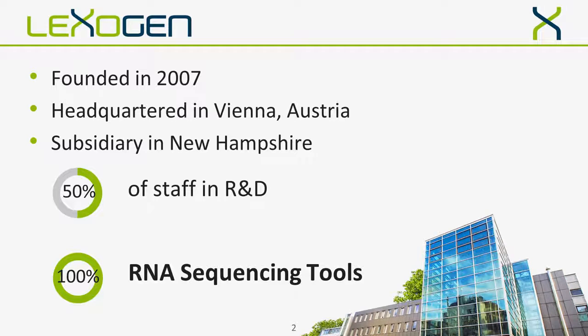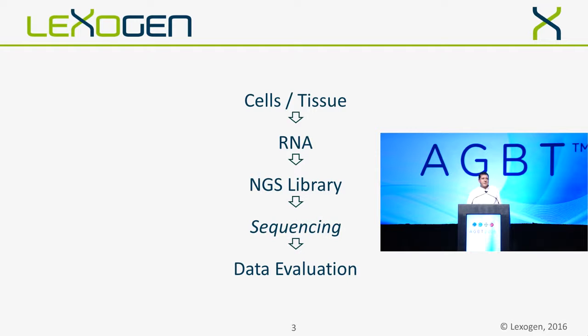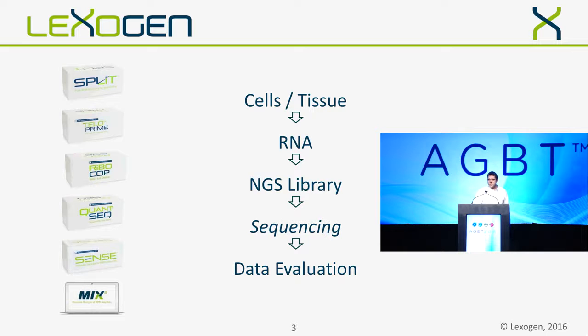This enabled us to build up the entire workflow for RNA sequencing and provide you with a comprehensive portfolio of RNA sequencing tools which take you right from the beginning, the isolation of RNA from cells and tissues, up to the data evaluation pipeline, except the sequencing itself, so the products of Lexogen are platform open.